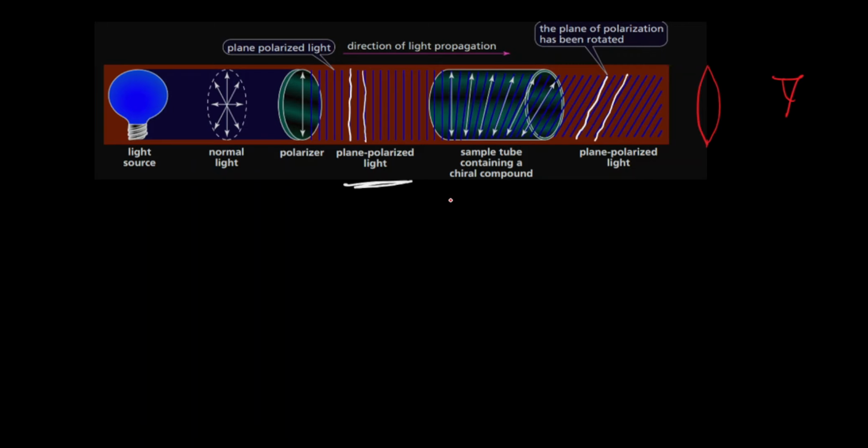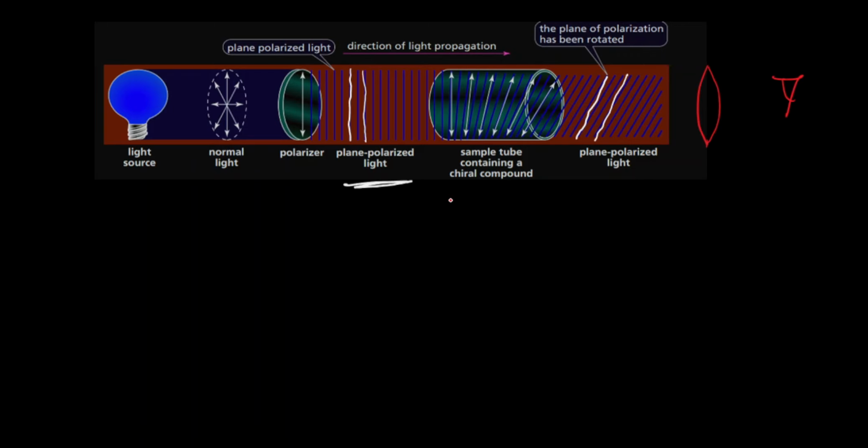Because the chiral compound has changed the plane of the polarized light, some light is now able to pass through the analyzer, even though the analyzer is still at the point of zero rotation.